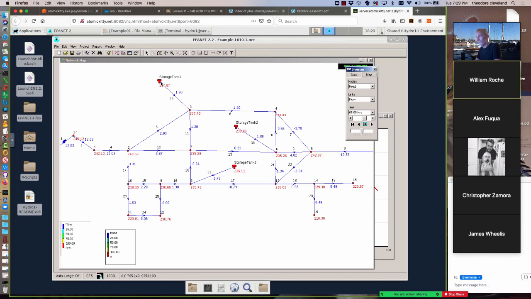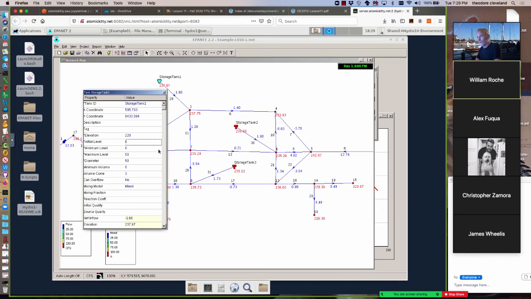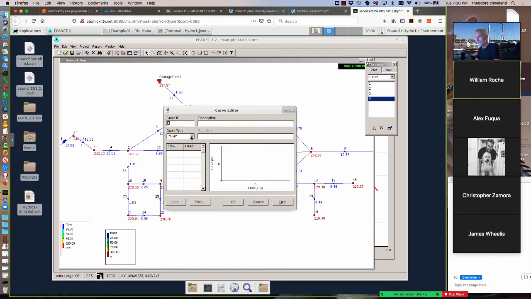We'll make one more change to storage tank number 1. Let's say we're cheapskates and we decide that we don't want to build storage tank number 1 as big because we can pocket the money and go down and have mint juleps somewhere. So let's create a new curve, and it's going to be a storage curve.